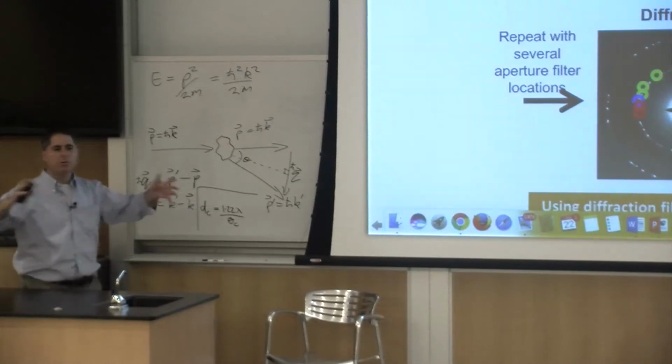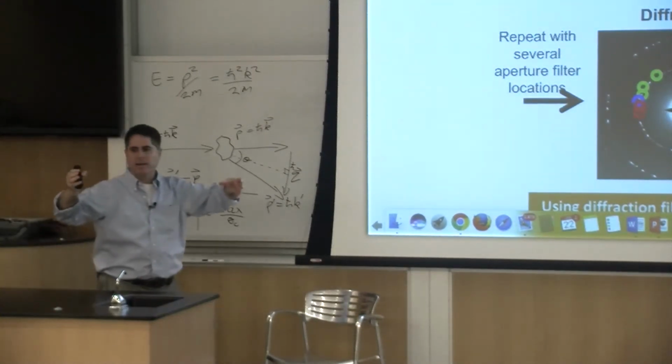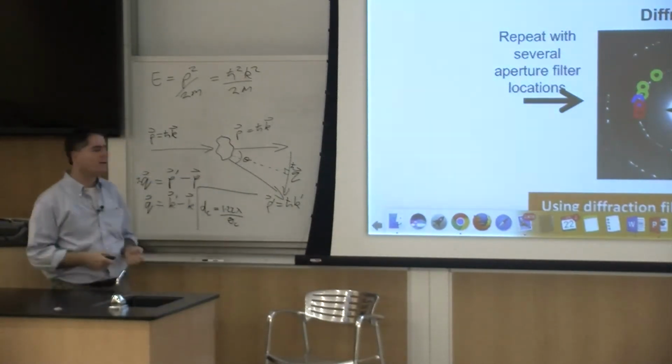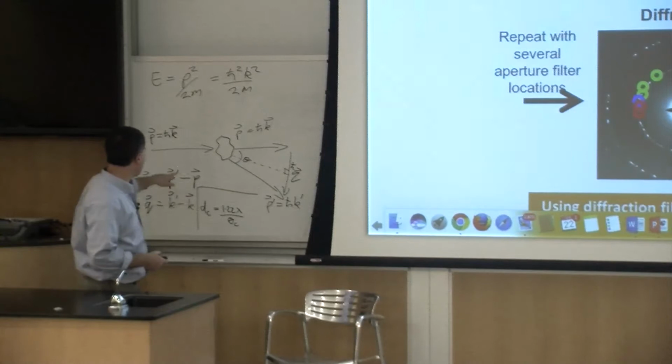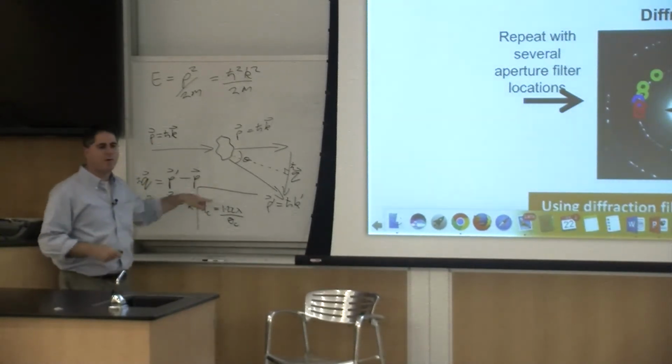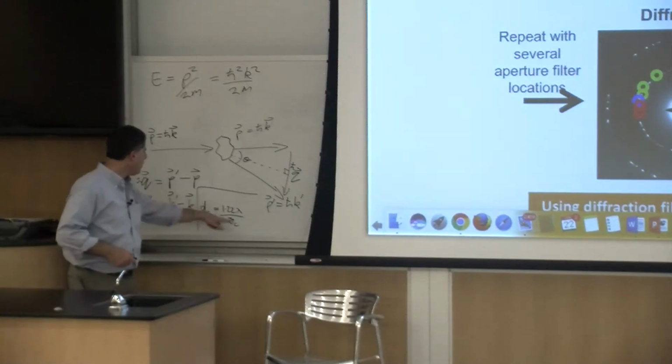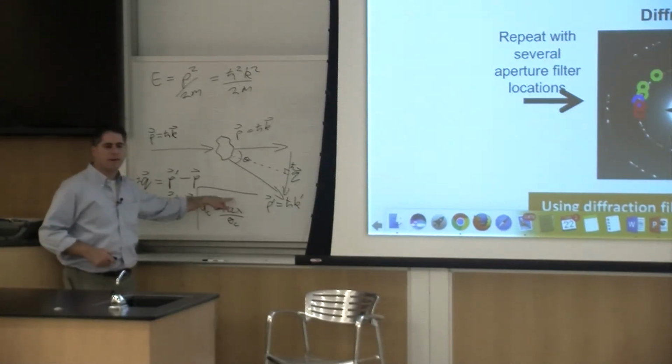So you remember when I told you if I have an aperture, the Fourier transform of the aperture is an Airy disk, right? That sombrero function. Well, remember that I picked a very tiny aperture, and therefore I'm going to have a very fat sombrero, and the width of that sombrero is given by this formula over here.